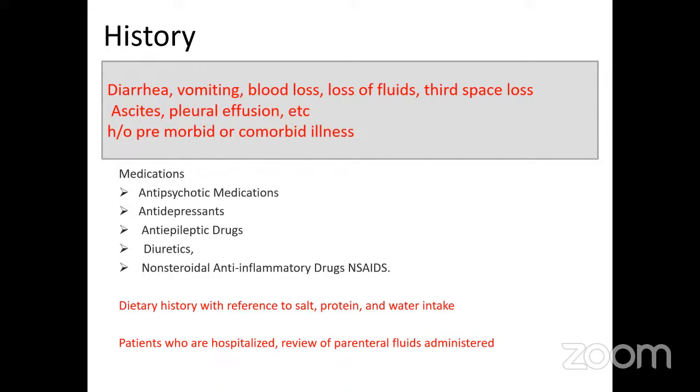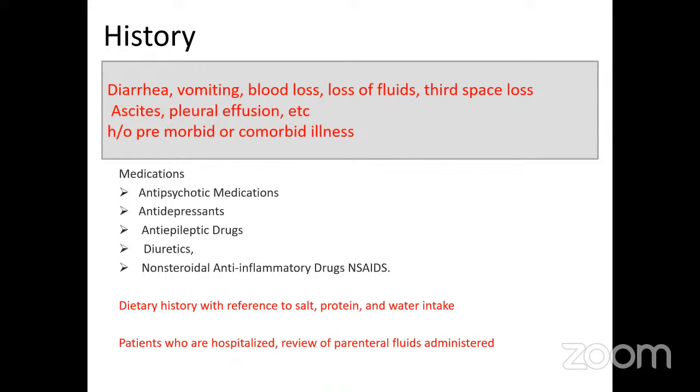So to find out the cause of this hypotonic hyponatremia, you should ask for GI symptoms like diarrhea, vomiting, loss of blood, loss of body fluids in the third space, ascites, pleural effusion, any coexisting disease, infection, malignancies, etc. The history of medication is very, very important, especially diuretics, emphasizing thiazides, antipsychotic medications, antidepressants, valproate, carbamazepine, antiepileptic drugs are commonly used, and NSAIDs which produce hyporeninemic hypoaldosteronism.